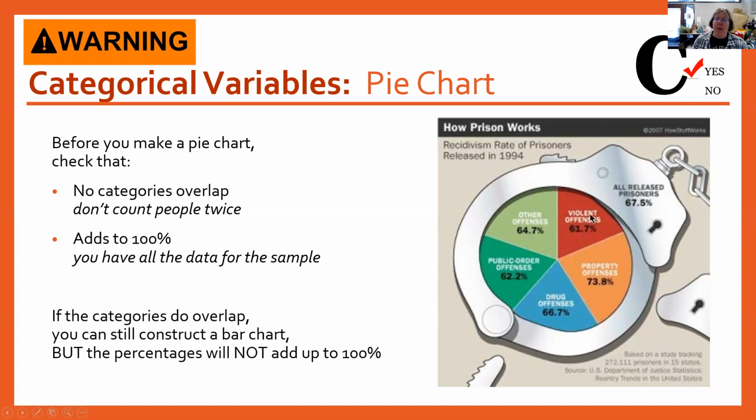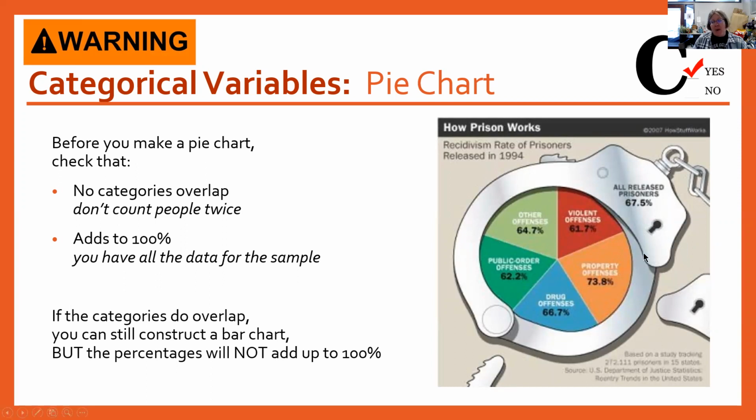This isn't an appropriate use of a pie chart, although it's a very cute graphic with a handcuff and everything. That's a way a lot of people get into trouble with graphs: they try to do something cute rather than relying on the graph to convey the correct interpretation of what's going on. So why did this one add up to more than 100%? My guess is that people might have committed more than one crime at the time they were arrested and sent back to jail.